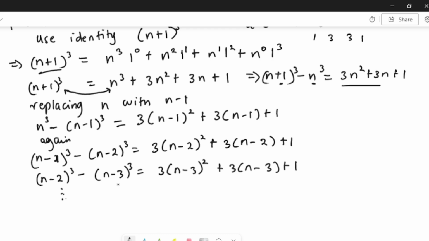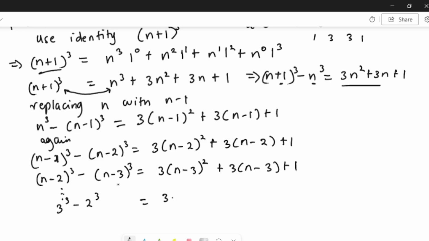In that manner, we are saying 3 cubed minus 2 cubed will eventually give you 3 times 3 squared plus 3, not 3 but now 2, plus 3. So we're going to delete that.